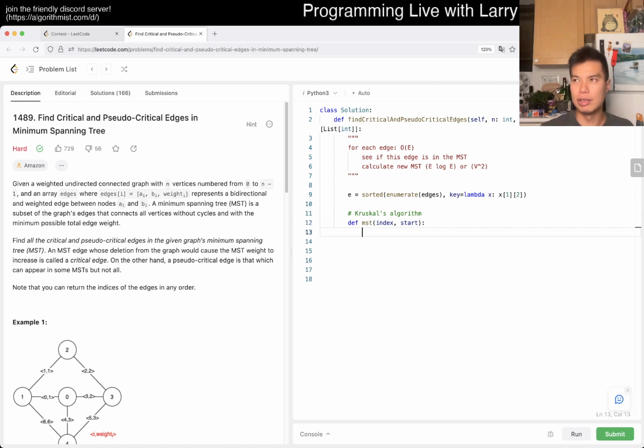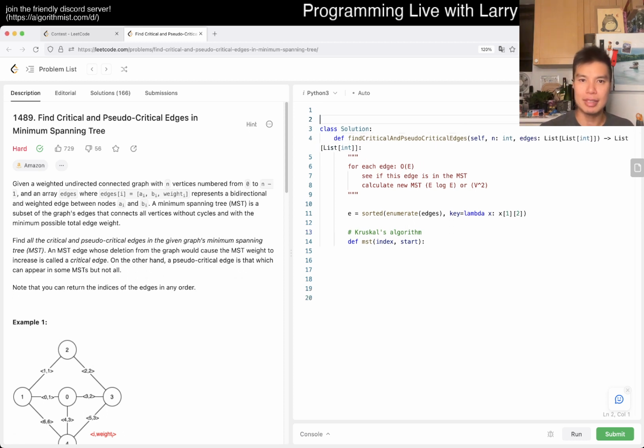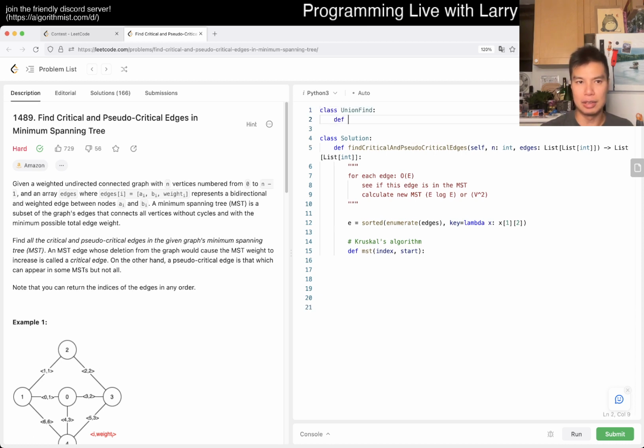And here for Kruskal, we do need union find. Man, I'm a little bit slow and off today. I'm not going to go over union find, but I guess I'll put this in a class to make it slightly easier. We have n items, right?